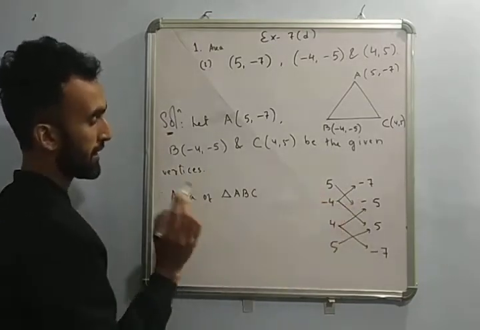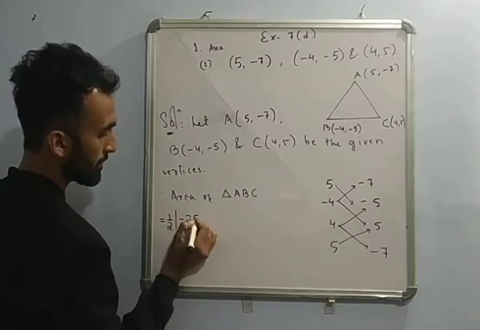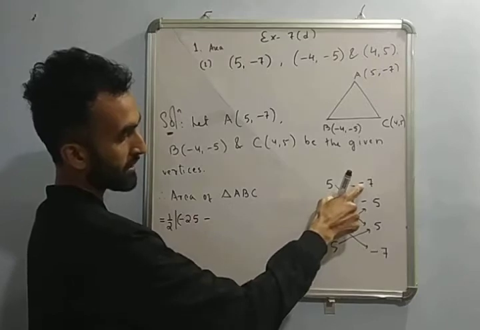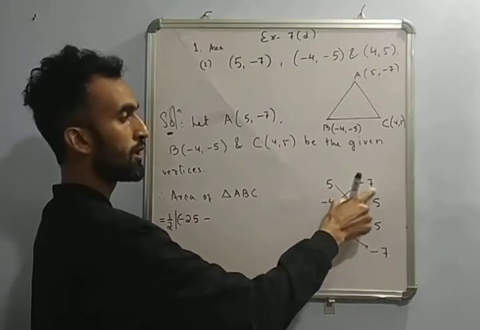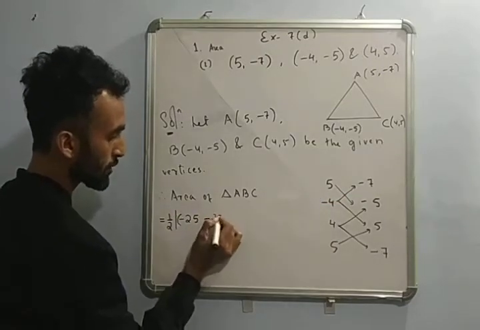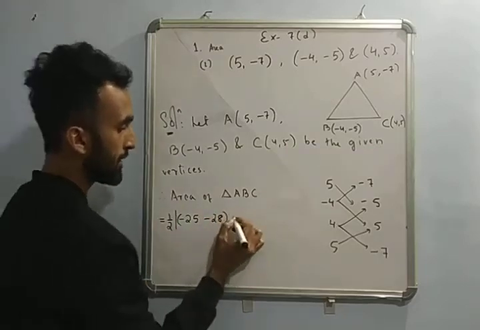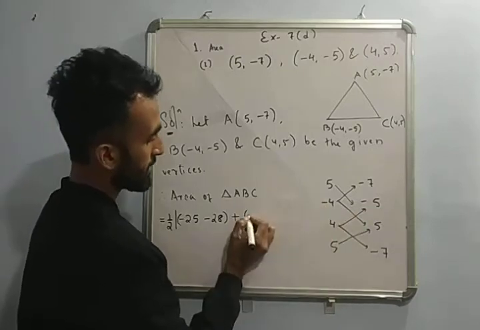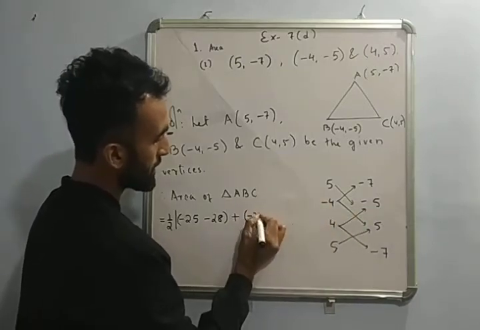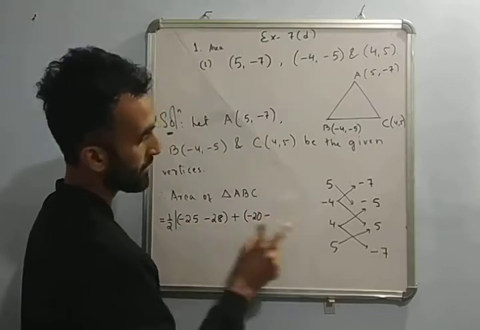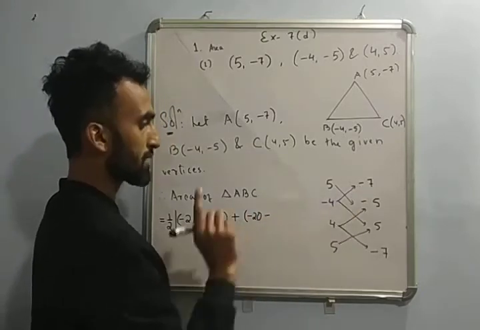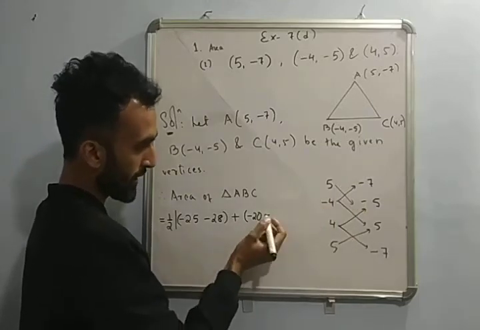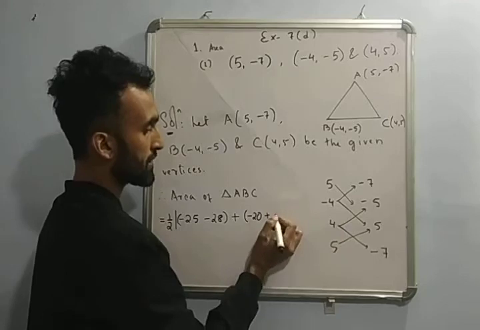5 into minus 5 is minus 25. The formula is minus here, so minus into minus is plus. 7 fours are 28, so this will be minus 28 only because the minus sign was already there. Plus, minus into plus is minus. 5 fours are 20, minus is the formula here. 4 into minus 5, the minus sign was already there, so it will become plus. 4 fives are 20.